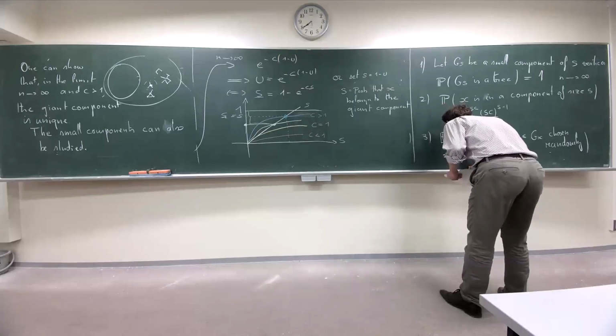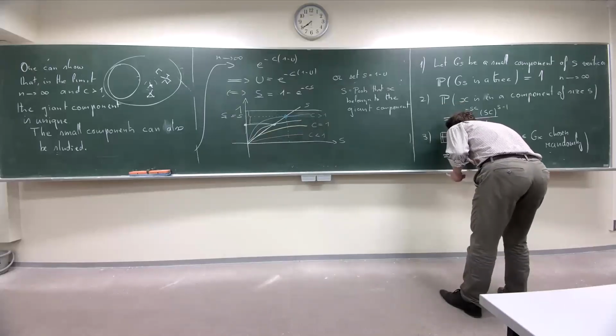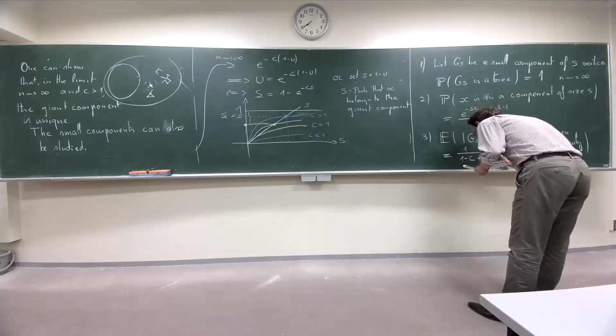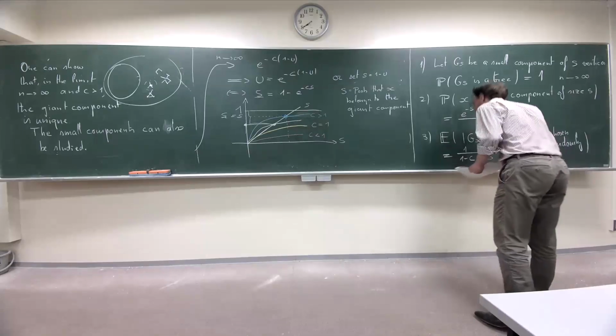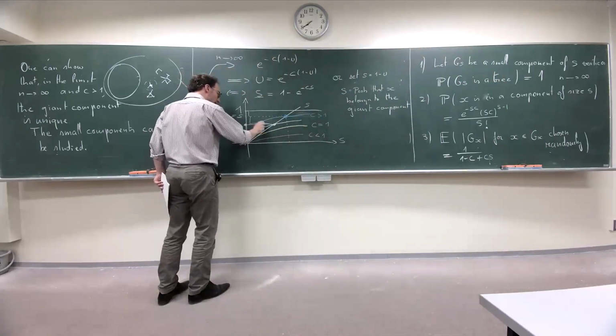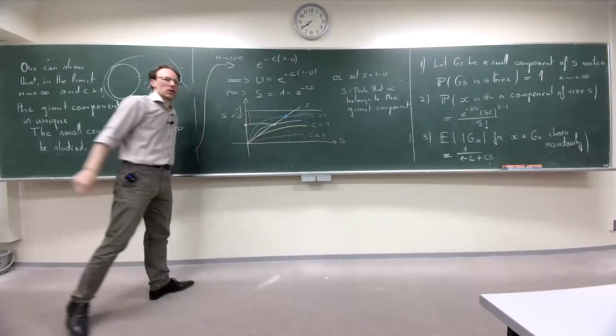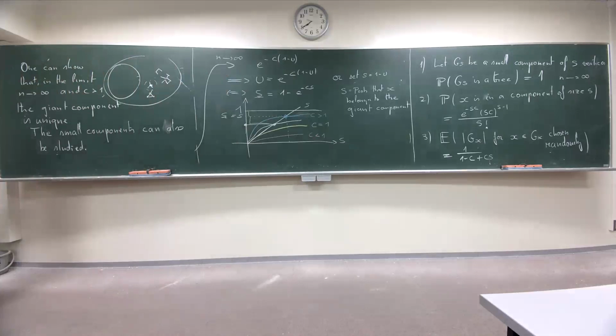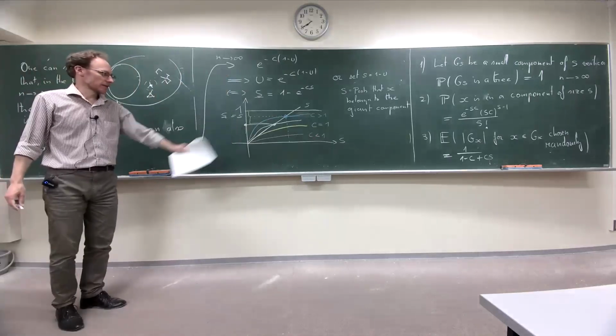It is 1 over... Oh, yes, maybe what is the S in this formula? It is the S that you read here. So it's a solution of this equation for given C. S is a solution of this.